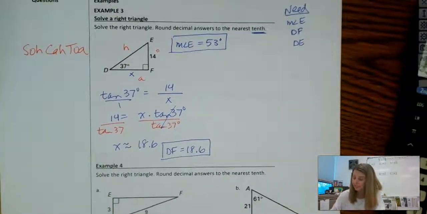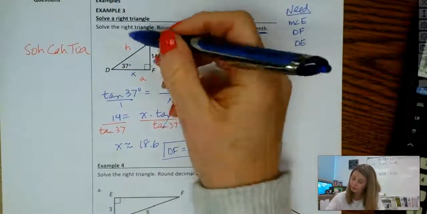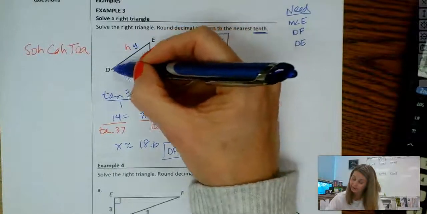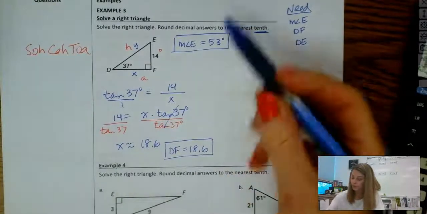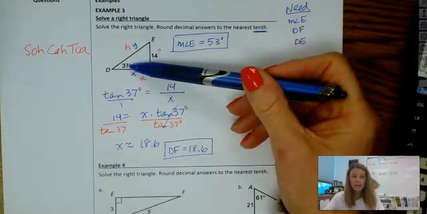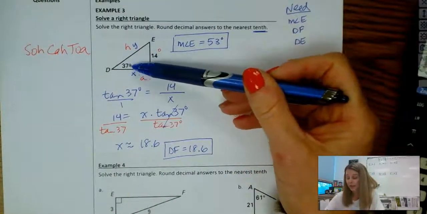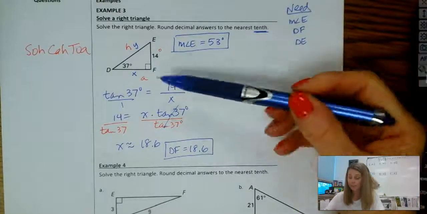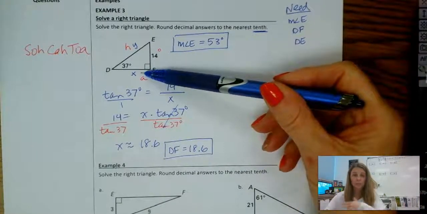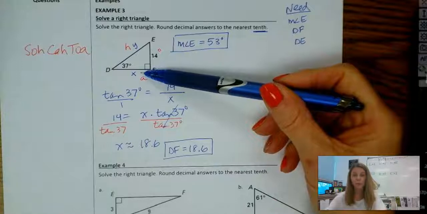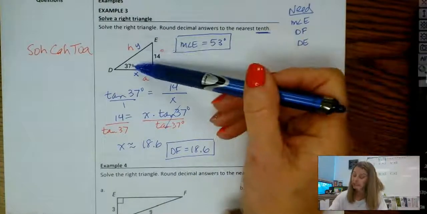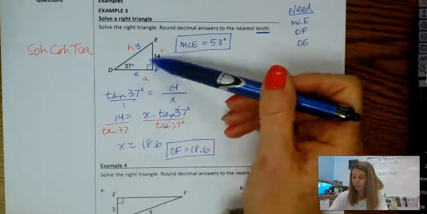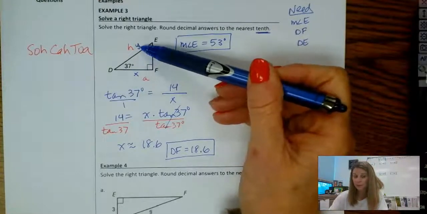Now I need DE. So I'm going to call that side Y, and I'm going to do another trigonometric function. So I am working with 37. I'm not going to use this number because I rounded that, and I don't want to plug a rounded number into an equation and then have to round again. It won't be as precise. So I'm going to focus on 14, opposite. My Y is hypotenuse.